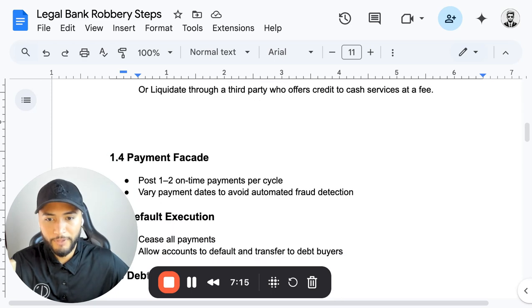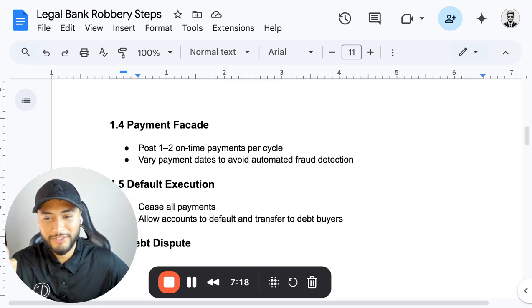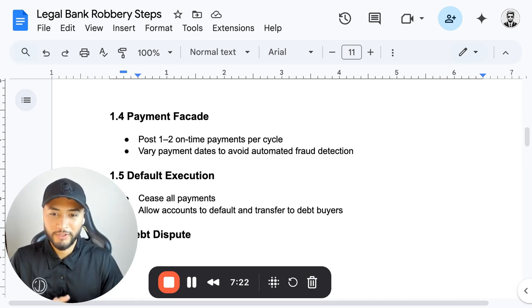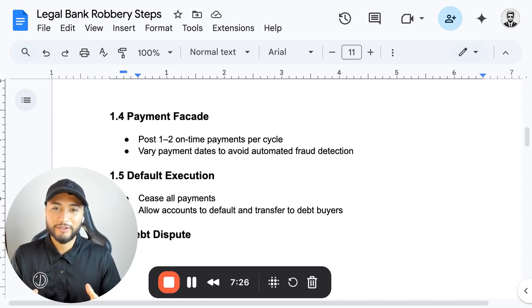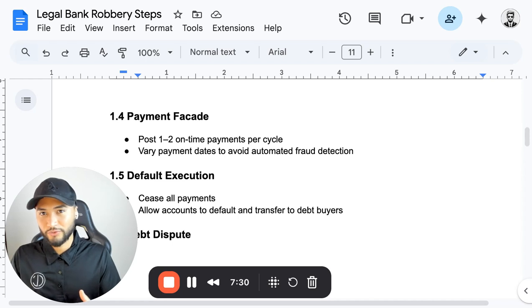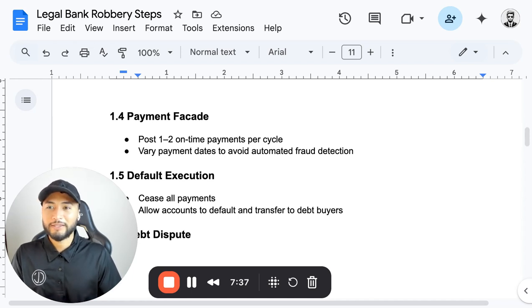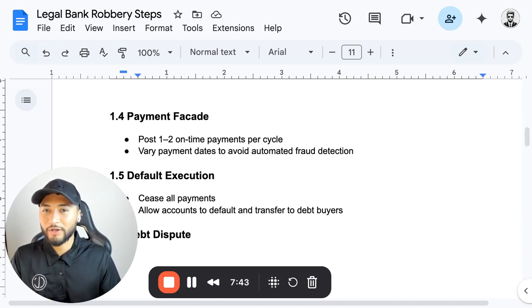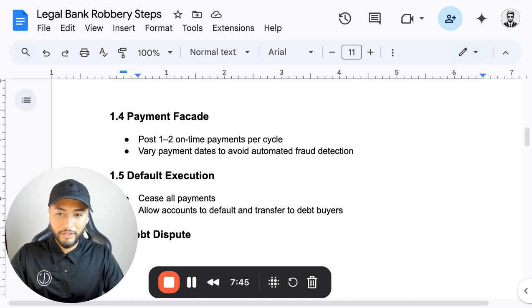Now, the payment facade. Here is something I've seen a lot of people do. They want to appear as if they actually got these loans to use them, but they just pay one or two payments, and then they don't pay at all. Because if they get the loans and don't pay anything, it's pretty obvious they just got the loans to run away.